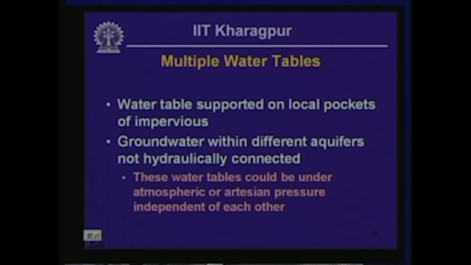These individual aquifers might be in a state of atmospheric condition, or there might be independent water tables developing within them, or some of them might be under artesian pressure, and because they are not hydraulically connected, each of these conditions is going to develop independently of the conditions within the other aquifers.